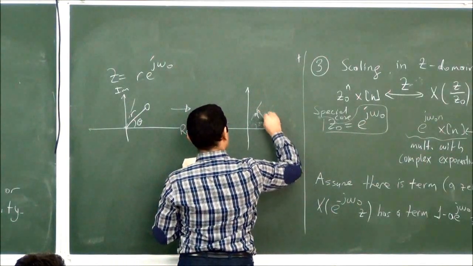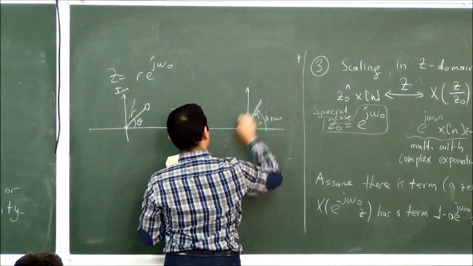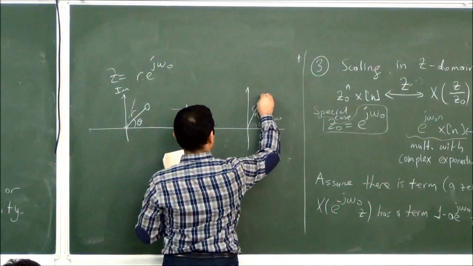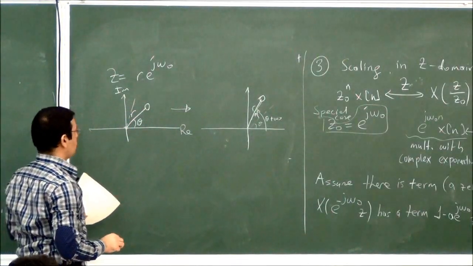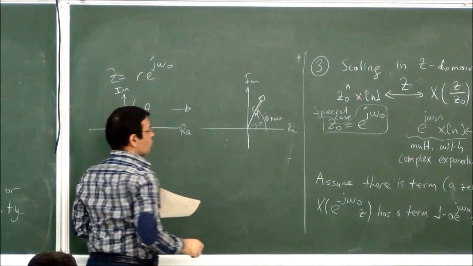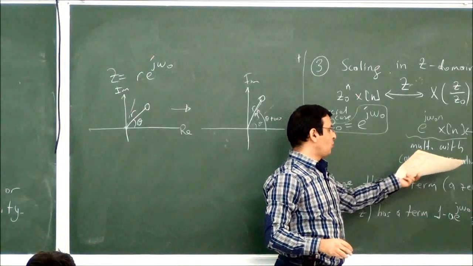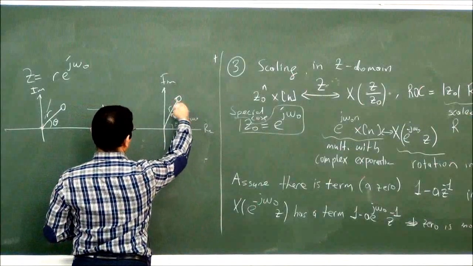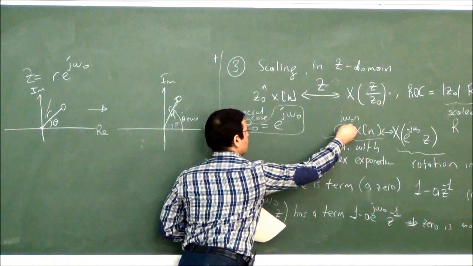So the overall angle is theta plus omega 0, and this is the r. So it does not change in this case, and this is the position of the zero after this rotation. This is the z plane. So after this multiplication in the time domain with a complex exponential, in the z domain there is a rotation with this specified angle omega 0. Okay.